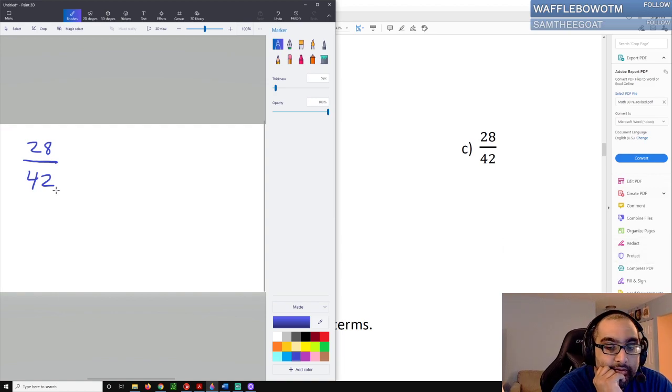All right. What can we divide here with 28 and 42? There's several numbers here. Yeah, there's a couple numbers. So, what's a good one to kind of start with? Let's start with a basic number here. It's a good basic number to start with. It's a good common factor between 28 and 42.